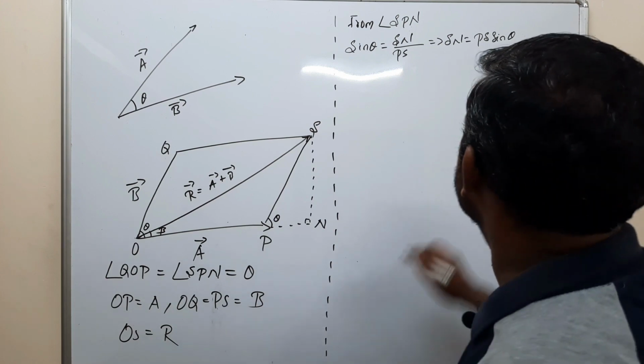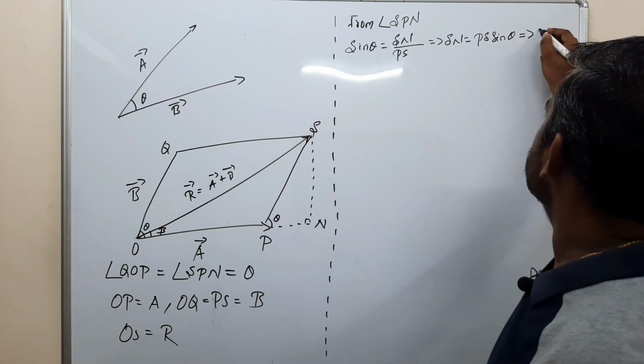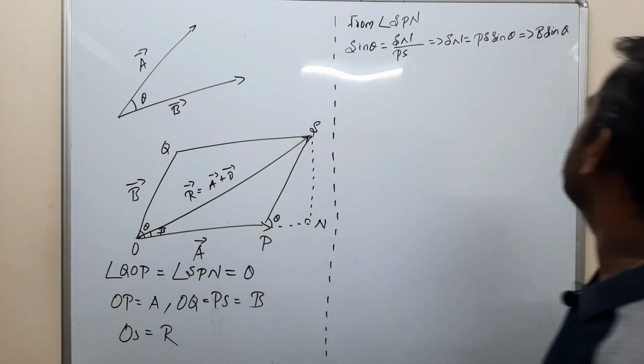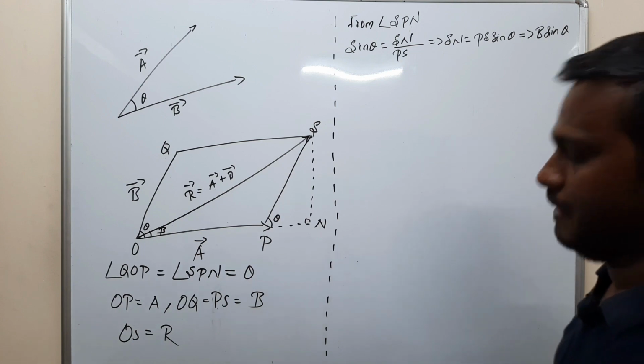What is PS? That is B, so SN is B sin theta.